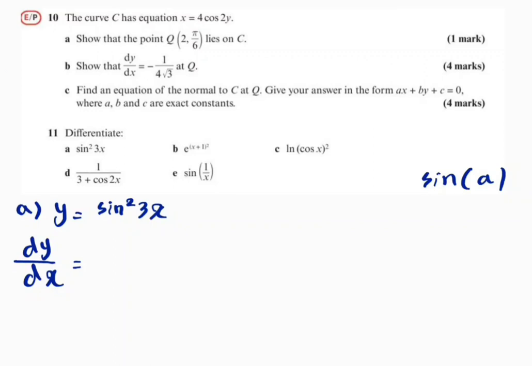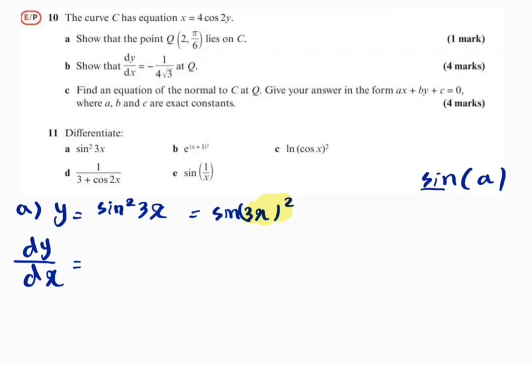In this case, that's cos a. So it will be the derivative of the inside times the derivative of this specific trigonometric function, and that will be the answer. In this case, we can rewrite this as (sin 3x) squared. These two forms are exactly the same. That means we need to first of all find the derivative of this term.